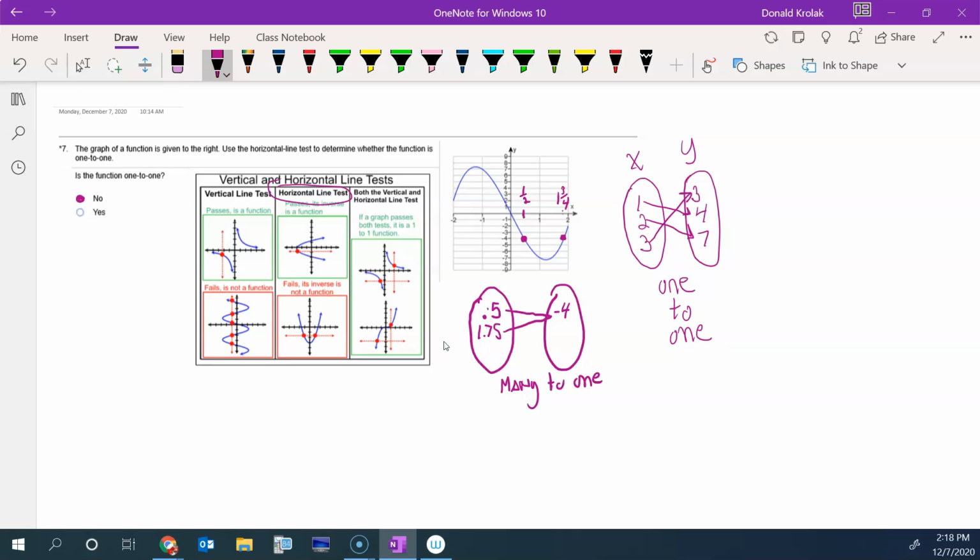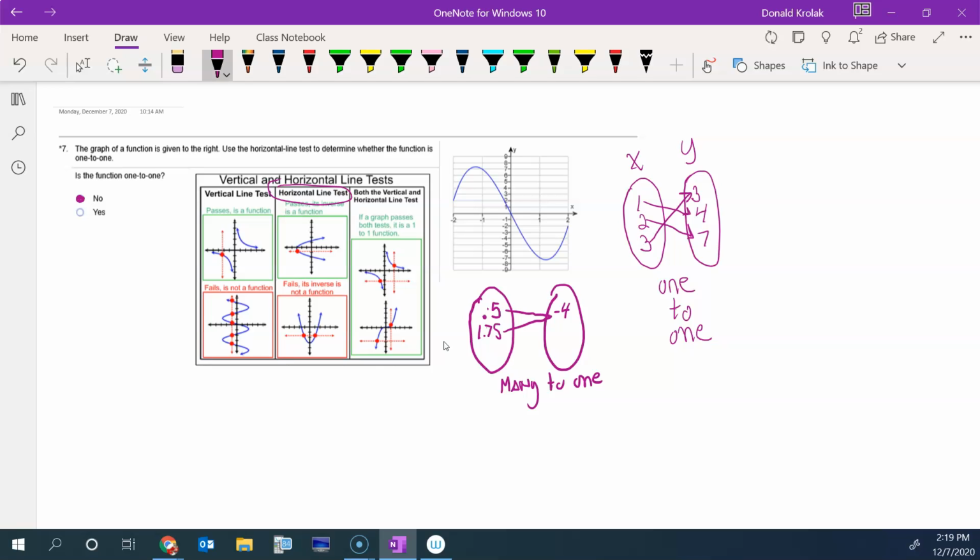As it's drawn, this curve would not have an inverse unless we restricted its domain, which is one of the next questions. If I just look at this half, it's still not one-to-one. It still doesn't pass the horizontal line test.